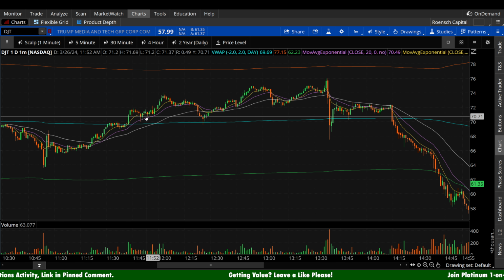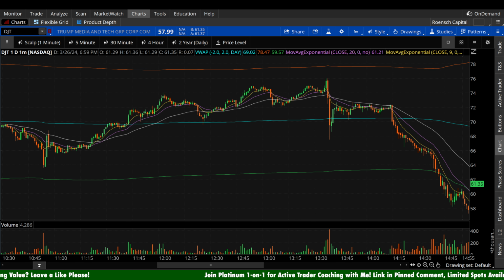These are the EMAs, the exponential moving averages. I prefer those intraday. I use the simples on anything 30 minutes and above in terms of charts. But I'll trade little pull-ins, again, assuming the volume profile looks good on stocks that are in play. And DJT was semi in play today. Honestly, not massively, but I expect it will be in the near future.